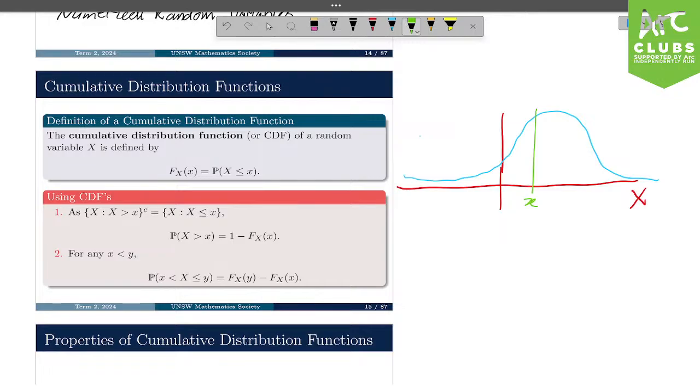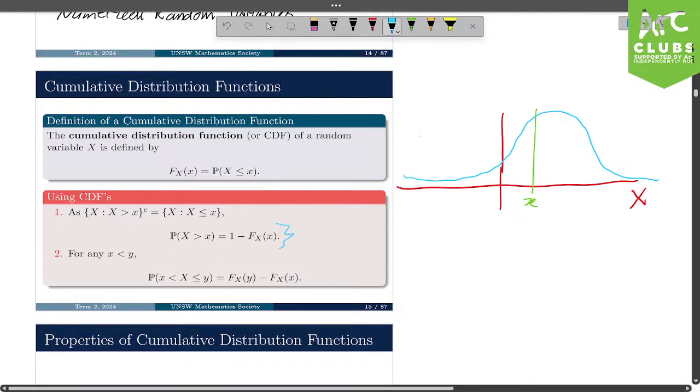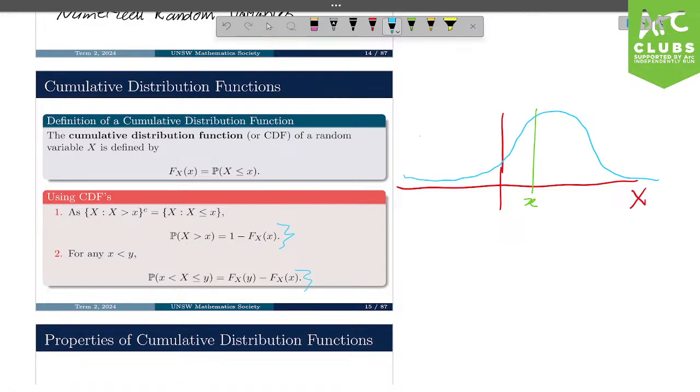Using CDFs. I think this is something that we've talked about already, but whenever we see a new function in mathematics, we want to know how to manipulate it. Here are a couple of identities for how we manipulate these functions. We can take 1 minus the cumulative distribution function, and that's just going to be the probability that X is greater than x.